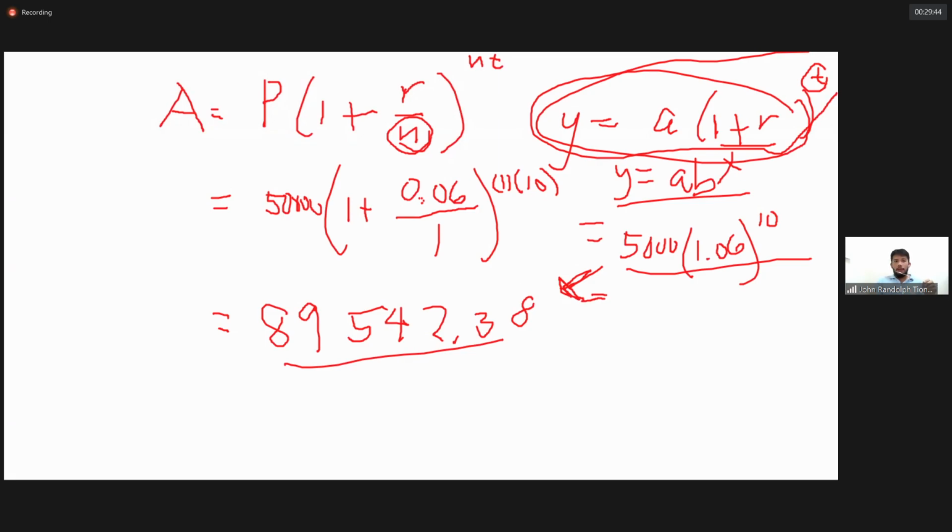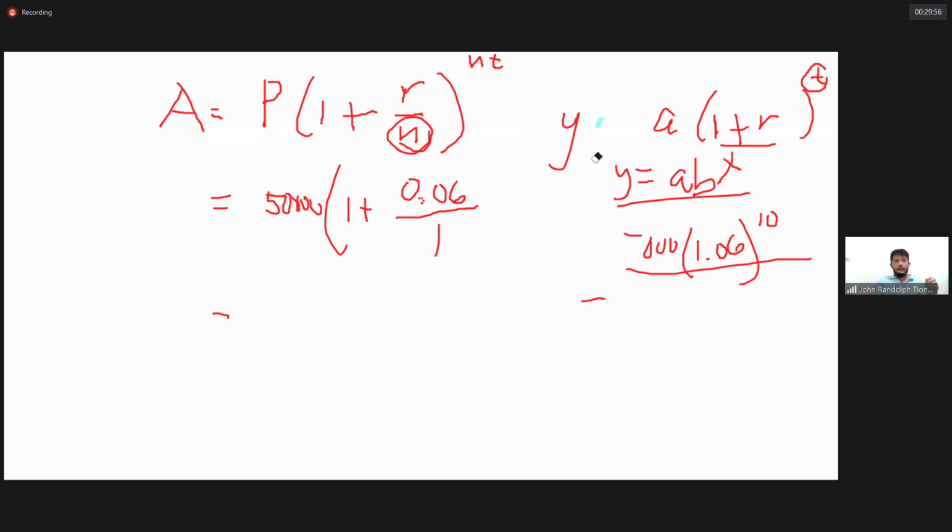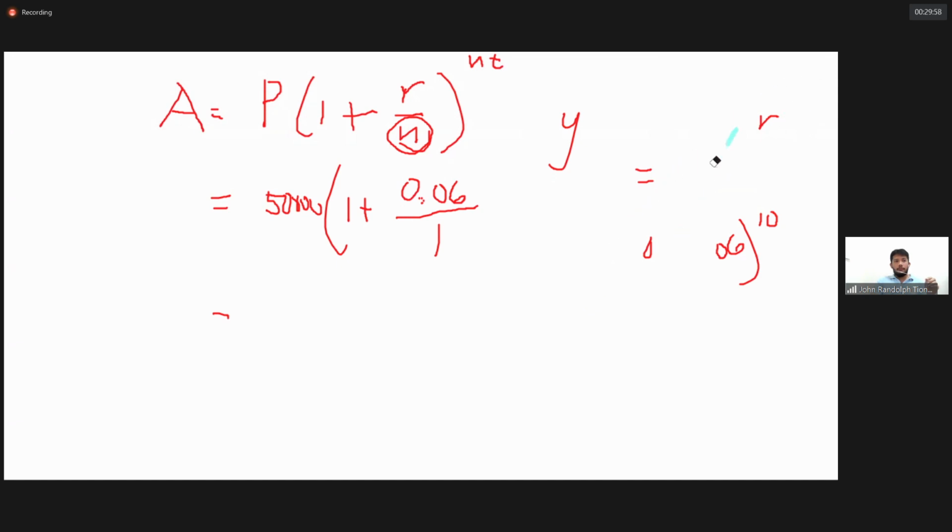So how will our formula look? Okay, let's erase this value, but remember it: 89,542.38. As I said a while ago, in our problem, instead of compounded yearly, the problem is the same, guys. The only word we change is compounded quarterly.